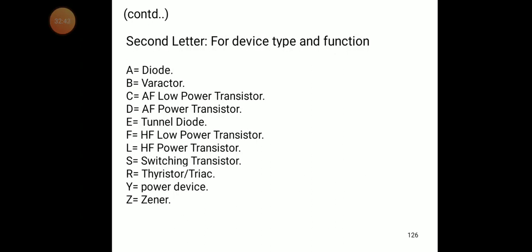So like this, the symbol indicates the device type and function. A for the diode, B for the varactor, C for the audio frequency low power transistor, D for the audio frequency power transistor, E for the tunnel diode, F for the high frequency low power transistor, L for the high frequency power transistor, S for the switching transistor, R for the thyristor or triac, Y for the power device, Z for the Zener. So first letter, second letter completed.